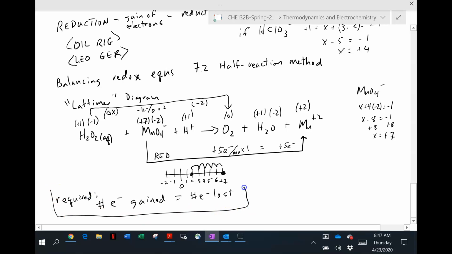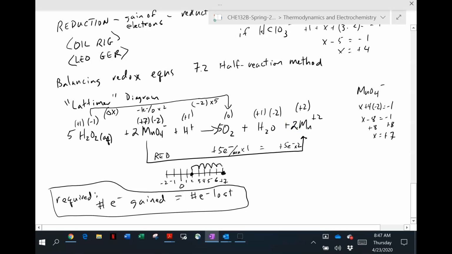Okay, so to make that happen, what we're going to do is multiply negative 2 by 5. That'll mean we'll be losing 10 electrons. We'll multiply the 5 electrons by 2. That'll mean we're gaining 10 electrons. And we take that number, the 5 and the 2, and put them in as coefficients in these processes.